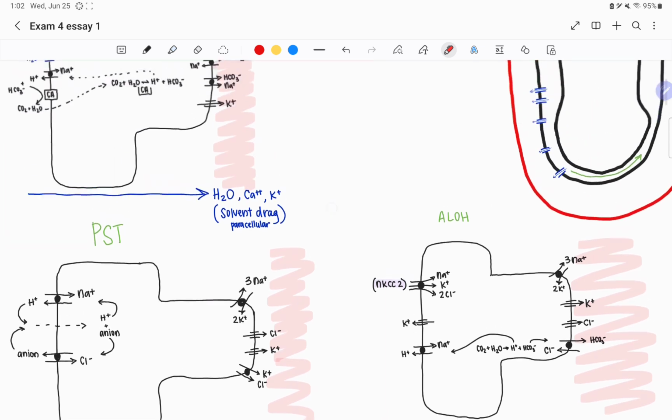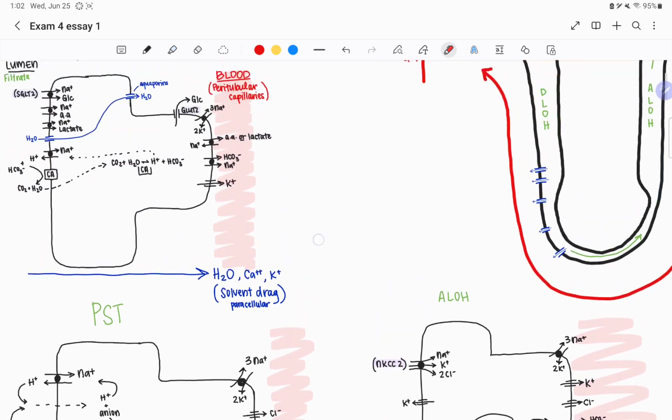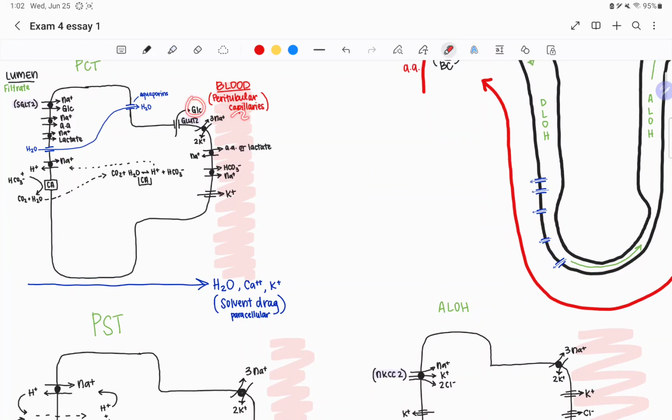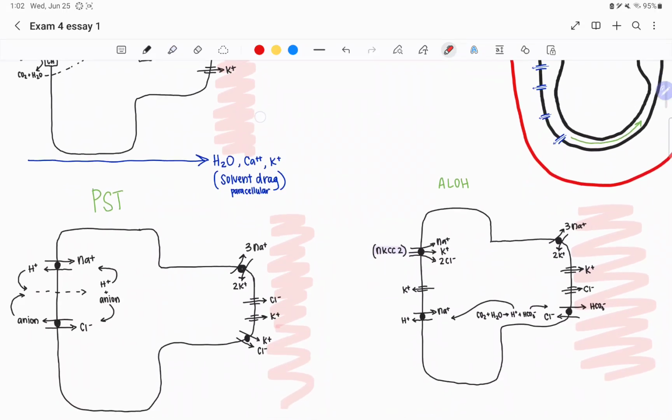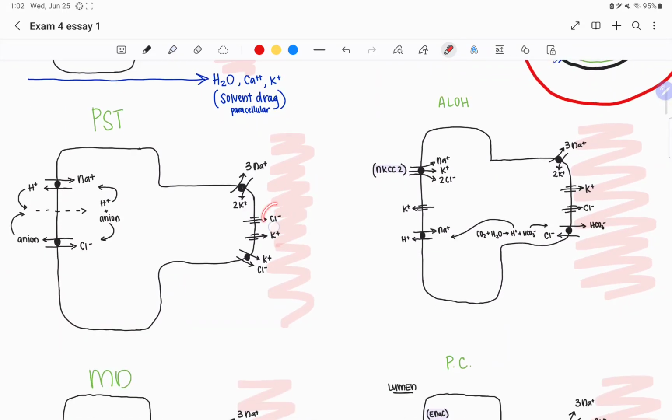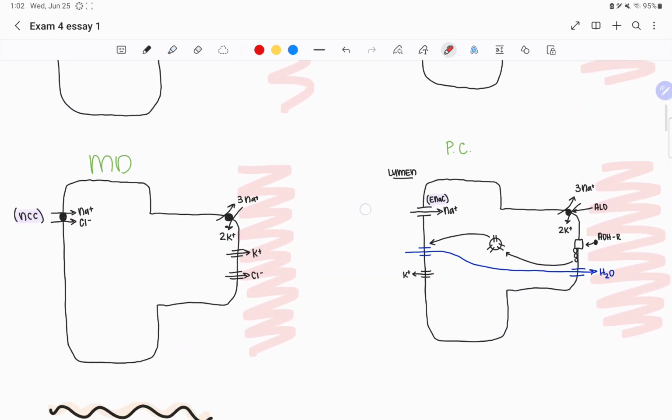That's important. We don't want to lose those. So we've just reabsorbed glucose. We're reabsorbing sodium like crazy, amino acids and lactate, bicarb, and potassium. Okay? And now we're also reabsorbing chlorine, adding to that mix.